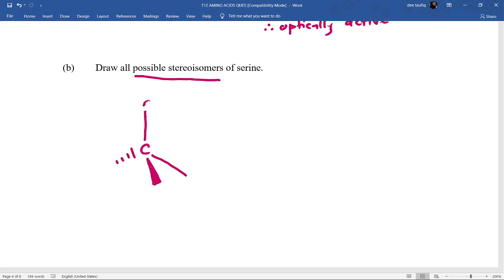So atasnya adalah COOH. This one mungkin CH2OH. This one can write as NH2. Down here is H. And then our mirror image. Ini mesti bercermin garisan je. Okay.